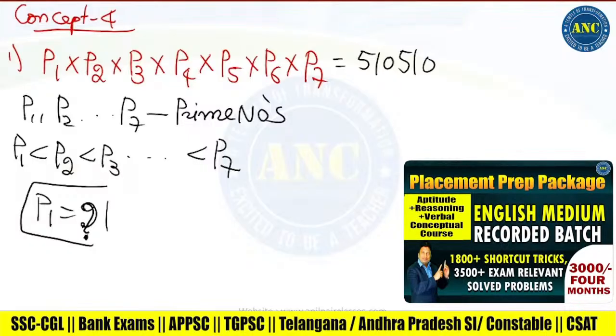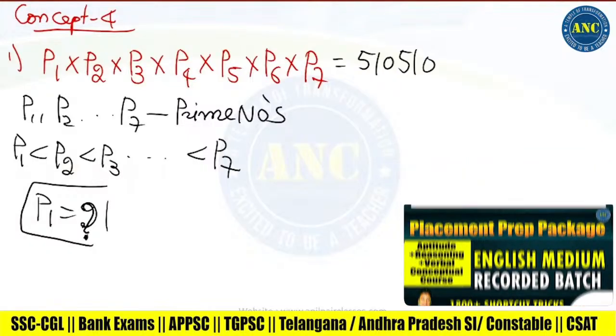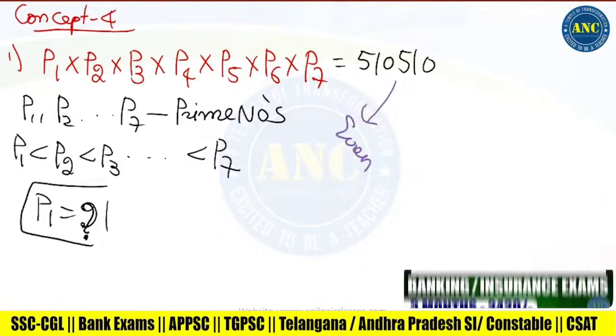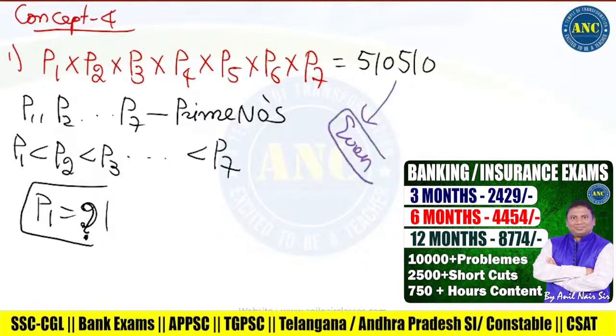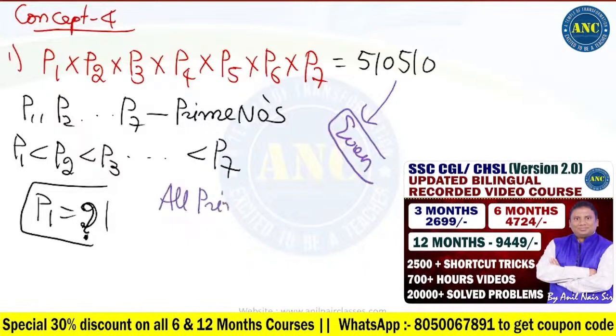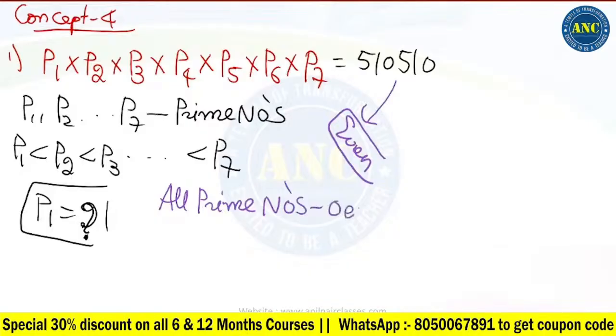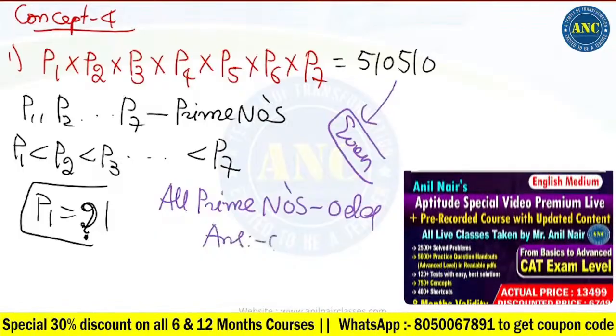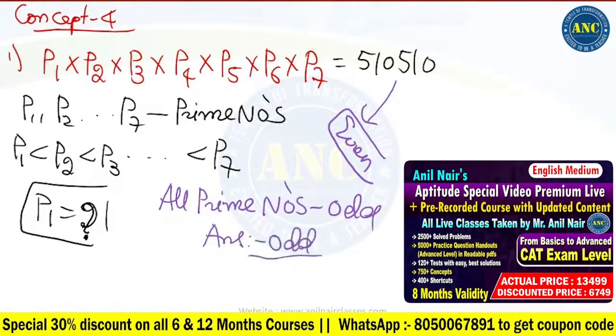Now see here, P1, P2, P3, P4, P5, P6, P7. The product is 510510. It is an even number. If I take all the prime numbers as odd numbers, odd into odd into odd and so on up to odd, the answer will be odd.